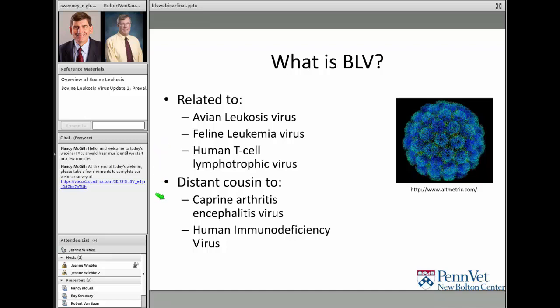It's also a more distant cousin to a virus that you're familiar with from the press, which is the HIV virus. And if you have goats or sheep, caprine arthritis encephalitis or ovine progressive pneumonia virus. So it's in a family of viruses particularly closely related to viruses that can cause cancer in other species.